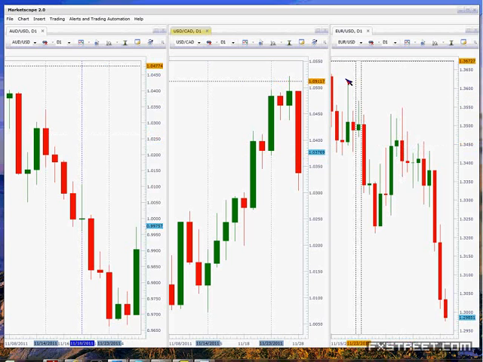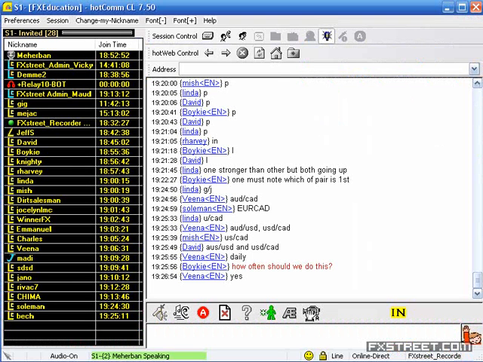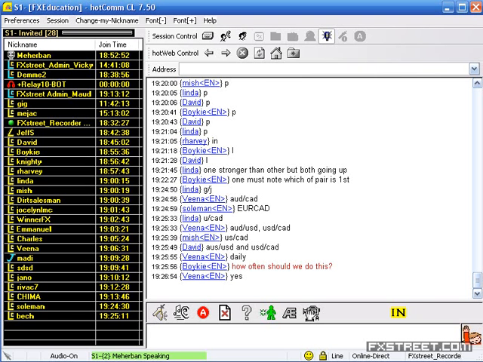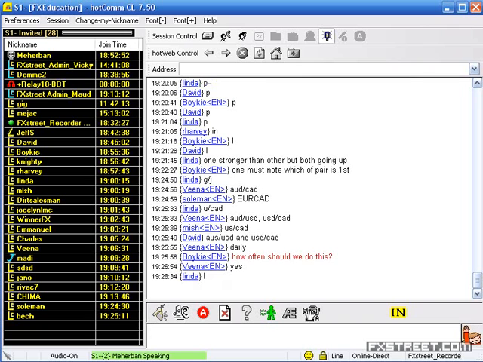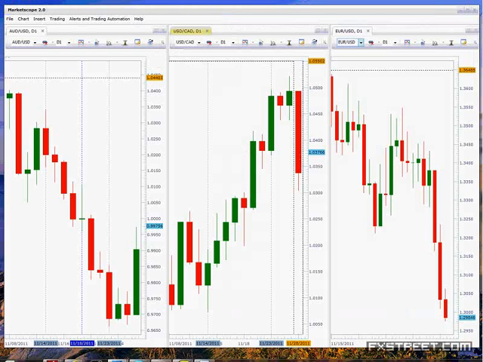Is Aussie US parallel? We already discussed that, right? So Aussie US is parallel to Aussie CAD. But what about US CAD? Is US CAD parallel or inverse to Aussie CAD? I'll let you type in. I'll type it in as you guys are thinking. Is USD CAD parallel or inverse to Aussie CAD?